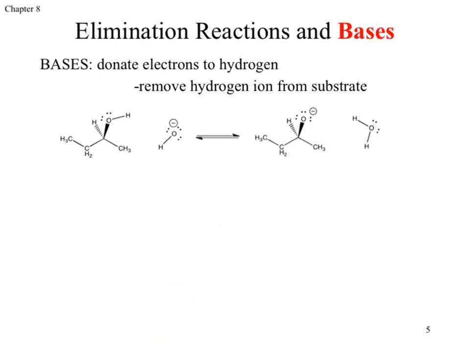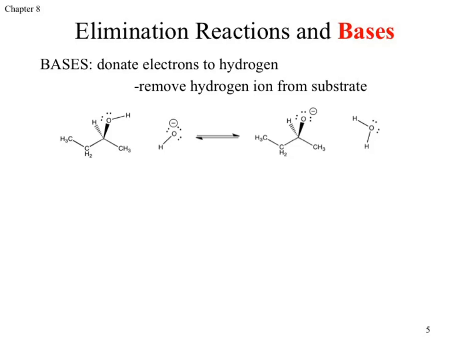Okay? Bases are going to donate electrons to a hydrogen, so they're going to remove that hydrogen ion from whatever your substrate is. Okay? So if we take a look at our standard acid-base reaction, here we go. Our base hydroxide is removing a hydrogen from our alcohol. Mechanistically, what are we saying happens? Where's our arrow start?